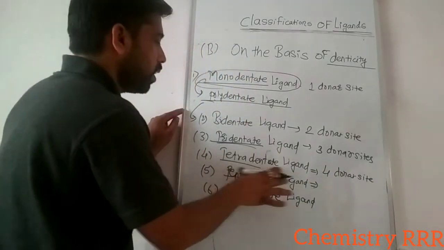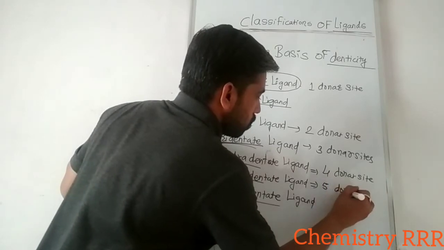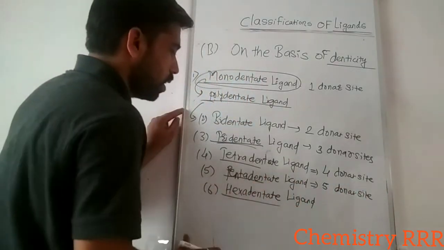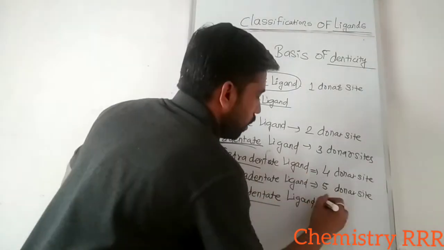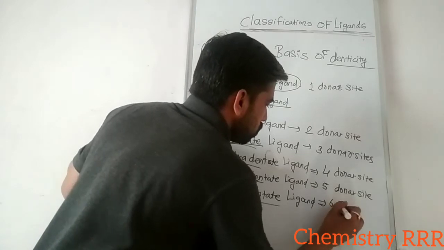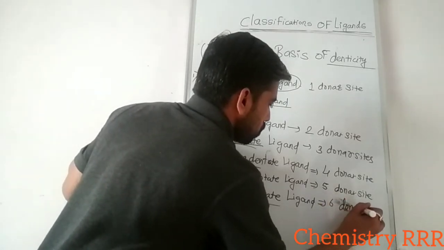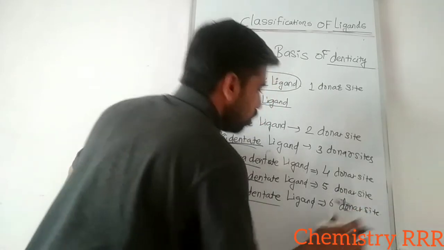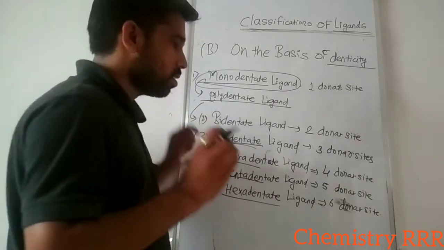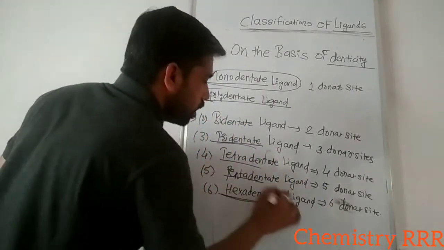Then pentadentate ligand having five donor sites present on the ligand. Then the last category is hexadentate ligand having six donor sites, or six atoms present on the single ligand, which donate to the metal.